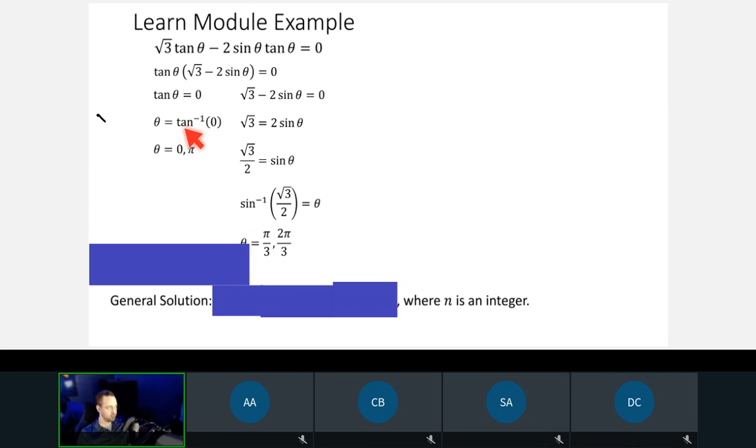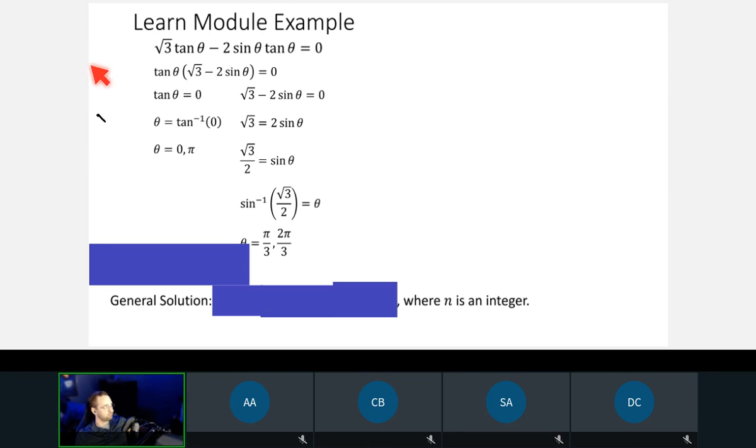Tangent, what is the period for tangent? Pi, yeah. So in my general solution, 0 and pi, are those half a rotation away? Look at your unit circle, 0 and pi, are those half a rotation away? Remember, a full rotation is 2 pi, right? So from 0 to pi, that is half a rotation.